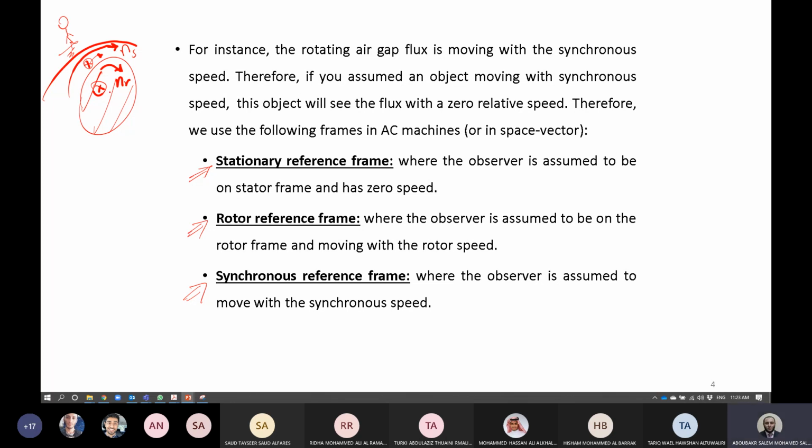So you can assume that you have a reference frame with the value of slip, even different to these 3 values. So you can make another frame with the frequency of slip only. And in this case, you just need to make transformation at a frequency of F2.